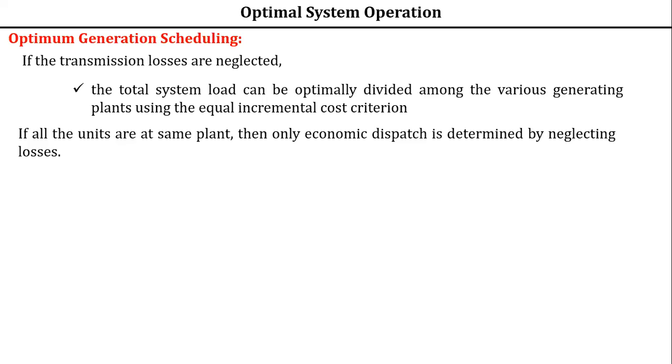So in order to find the optimal dispatch or economic operation among units situated at the same plant, you can neglect the losses because you are not transmitting the power. Hope you understood this one.